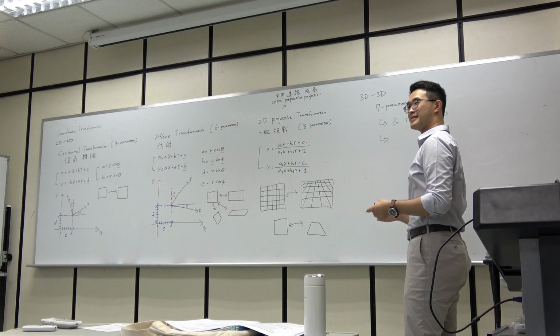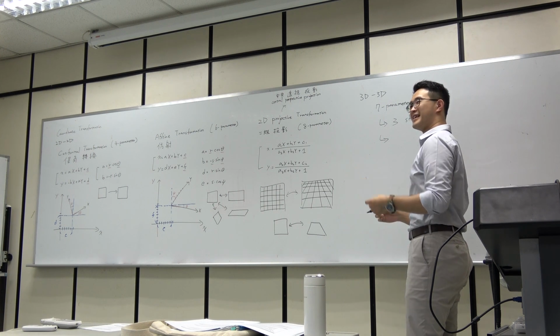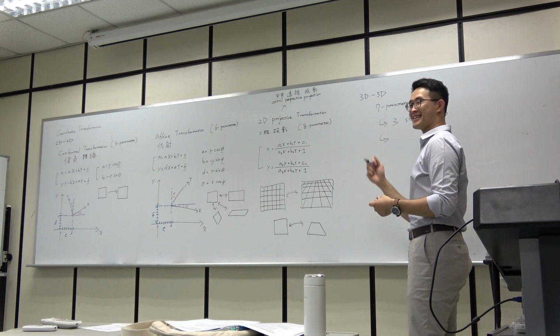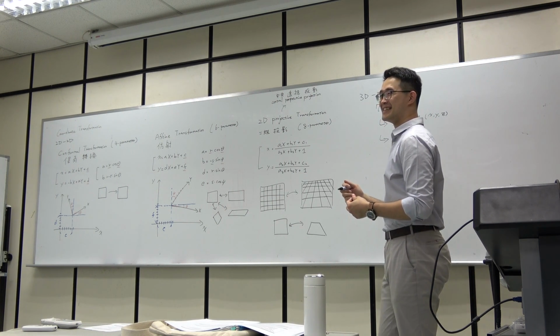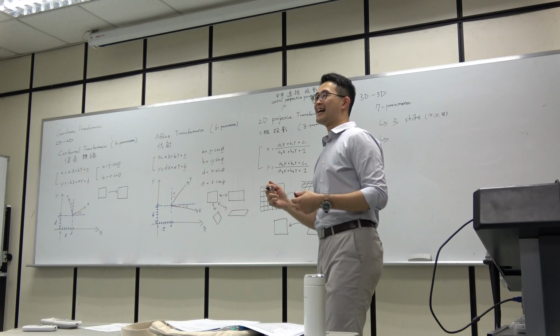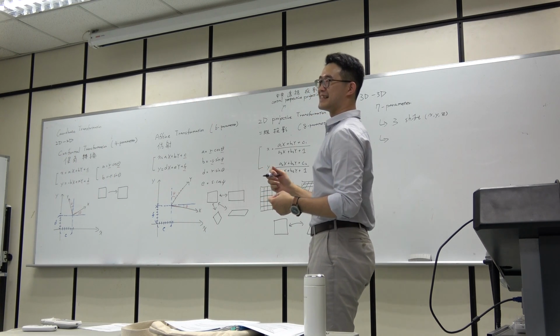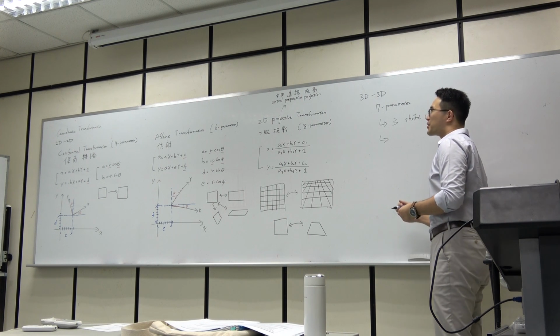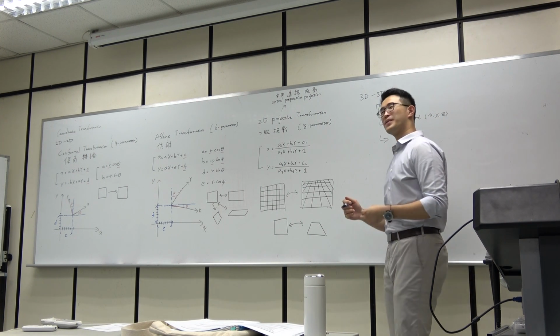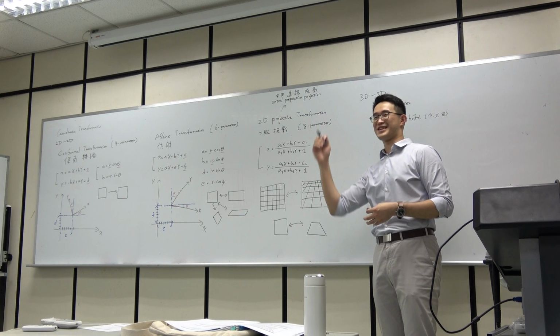William. So, 5 for rotation. Come on. I guess rotation will keep a shape most like the original shape. Okay, most like the original shape. So what I would say, I would vote for rotation actually.